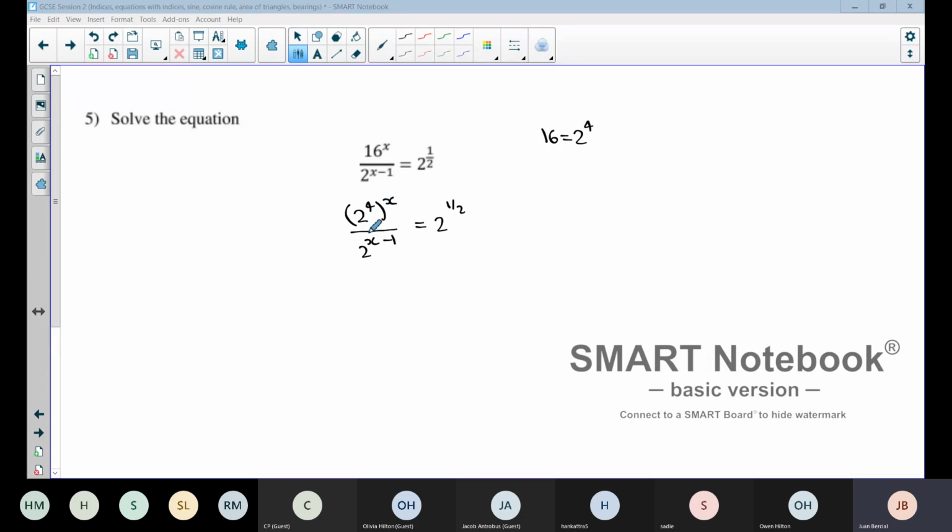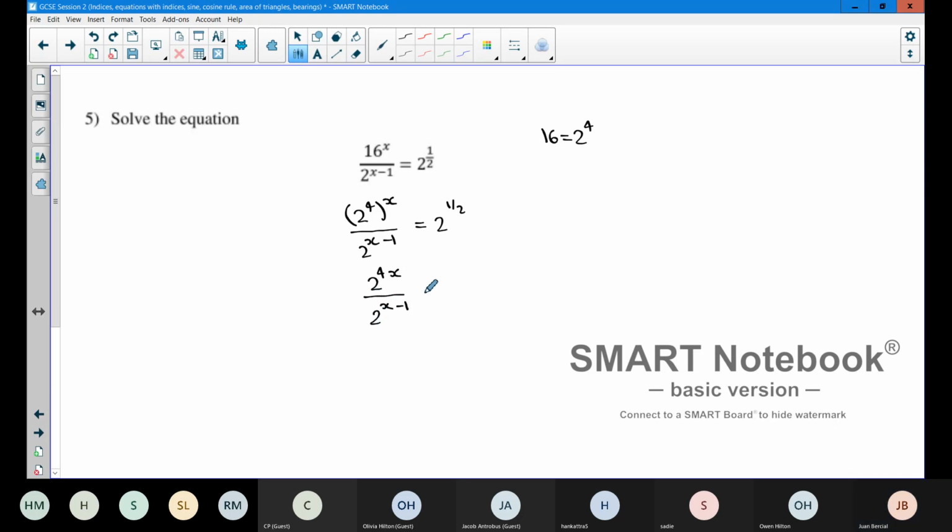As you can see, in the numerator we've got 2 to the power 4 to the power x. And we know that when we've got a power of a power, we multiply the exponents. So it's 2 to the 4x. And then I've got 2 to the x minus 1 equals 2 to the half. On the left-hand side, we have a power 2 to the 4x divided by 2 to the x minus 1.